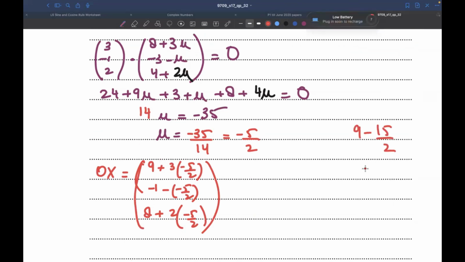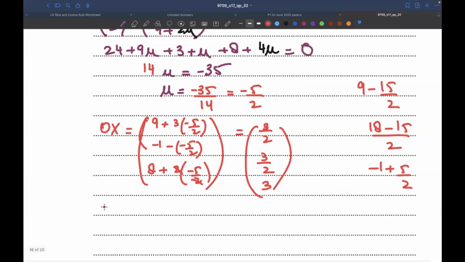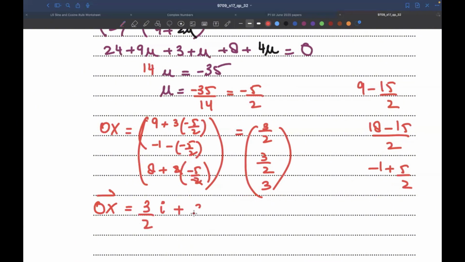So 9 to the 18, that will become 18 minus 15 upon 2, which is 3 upon 2. Minus 1 plus 5 upon 2, that will become minus 2 plus 5 is 3, so 3 upon 2. And 8 minus 5 will become 3. So the coordinates of OX, we can write as 3 upon 2 i plus 3 upon 2 j plus 3k.